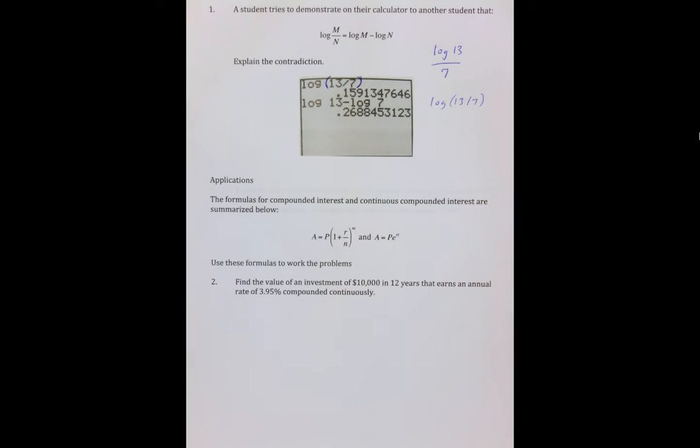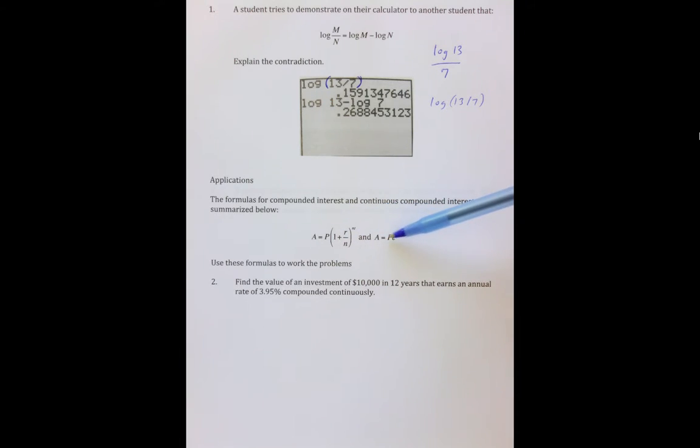The reason that we study exponential functions and logarithmic functions is really because of these two formulas. Now, if we always had the n and the t, the number of compounding periods and the time, then we wouldn't need logarithms, because we would never have a variable in the exponent that we need to solve for.